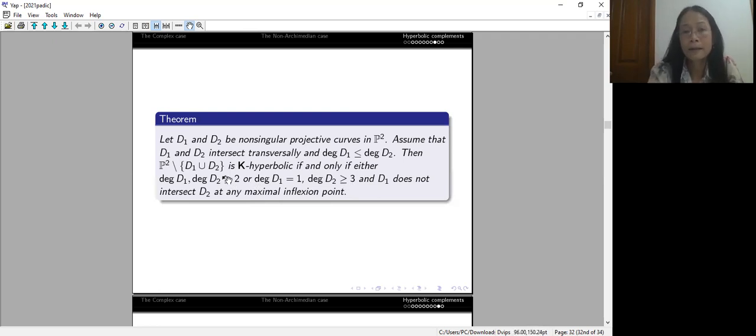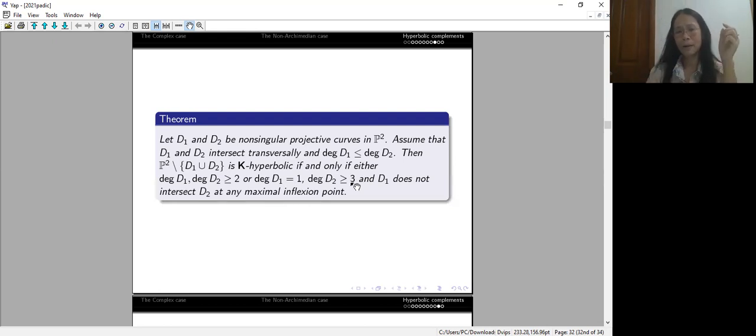Either they both have degree bigger than or equal to 2, or if at least one of them has degree 1, then the other has to have degree bigger than or equal to 3, and also the intersection of D1 with D2 cannot have any maximum inflection point.